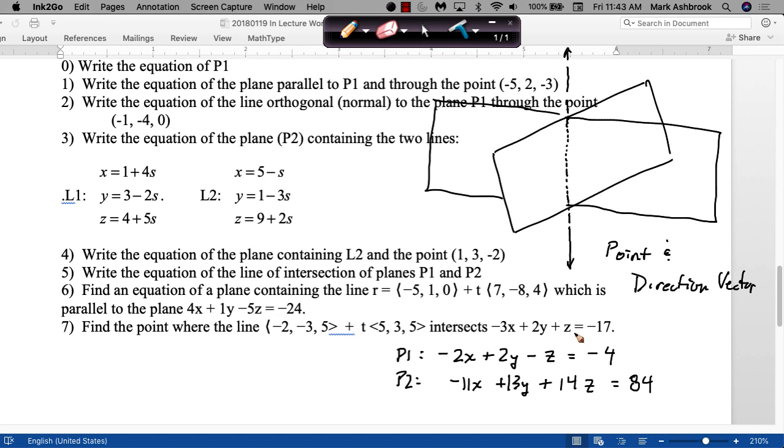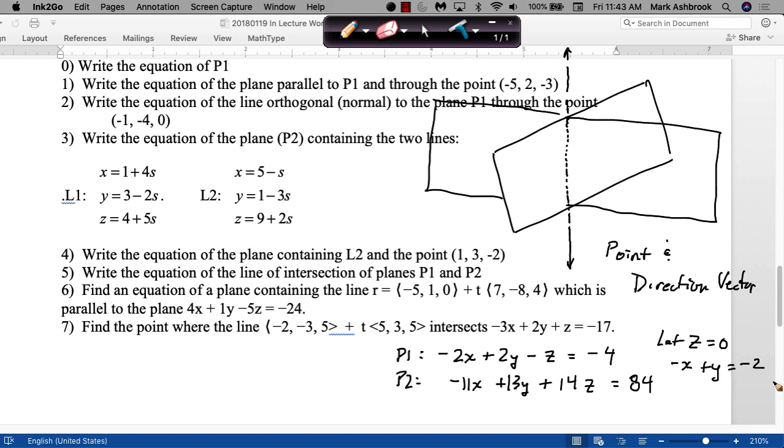So that makes it a little easier. Because what we can do is we can just let, say, z be 0. Get rid of this 14, our biggest number. So if we let z be 0, and I'll divide by 2, we have minus x plus y equals negative 2.